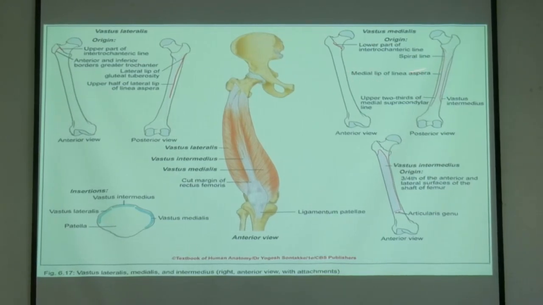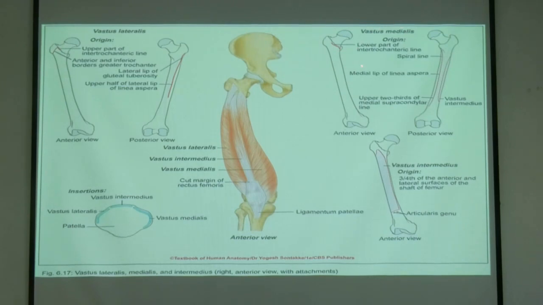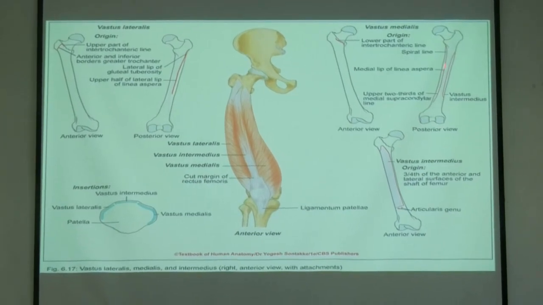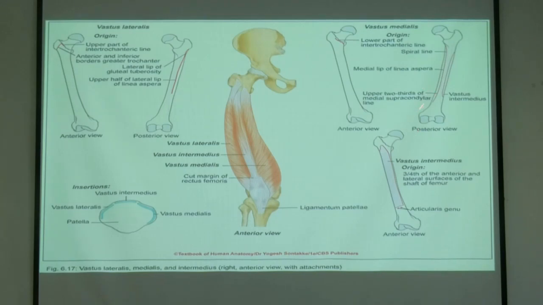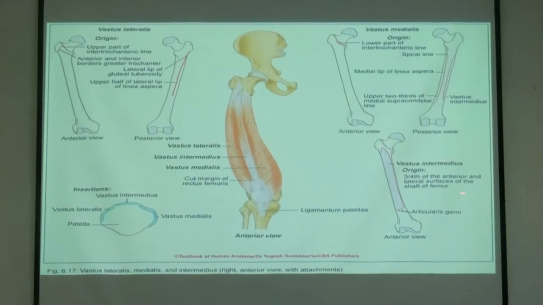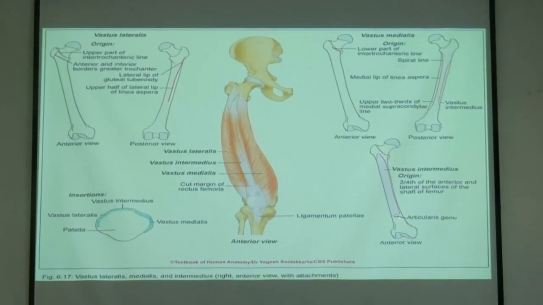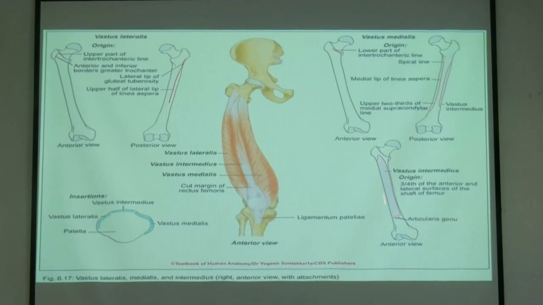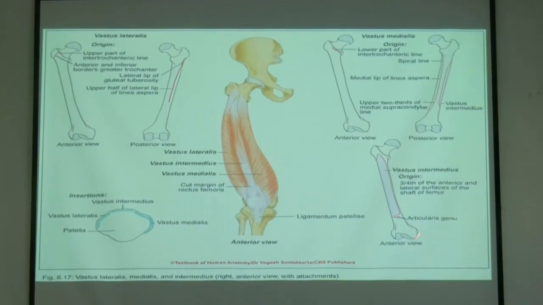Okay, and origin of vastus medialis, you see, from the lower part of intertrochanteric line and then along the medial lip of linea aspera, extending up to upper 2/3 of the supracondylar line of the femur. Okay, and vastus intermedius originates from the upper 3/4 of the anterior and lateral surface of the shaft of the femur, and this articularis genu originates from few slips just below the vastus intermedius from the anterior surface of the lower part of the femur.